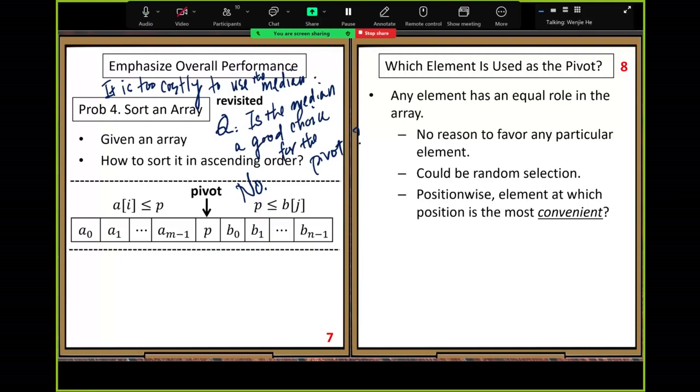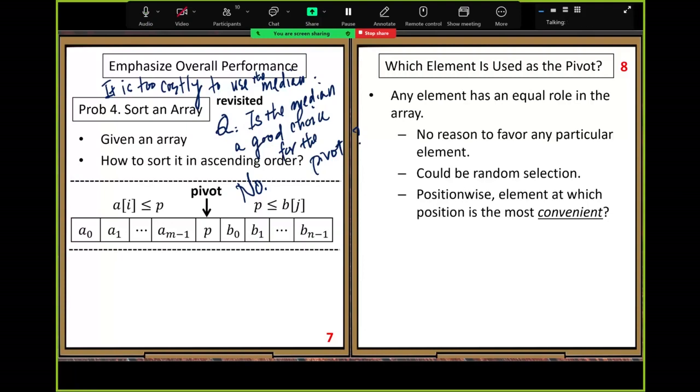Position-wise, if you look at the values of the elements, then the randomly selected element, because when we talk about randomly selecting an element, we look at its value, right? We look at the value of this element. But there is another important piece of information related to the given elements. That's the positions in the array. We know positions are different from the values, right?